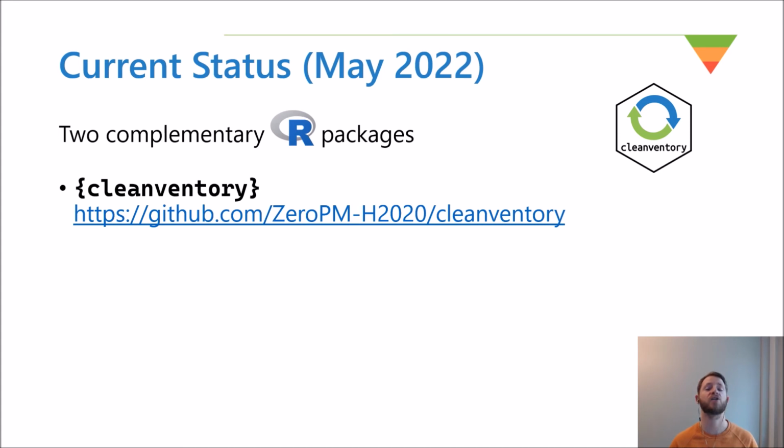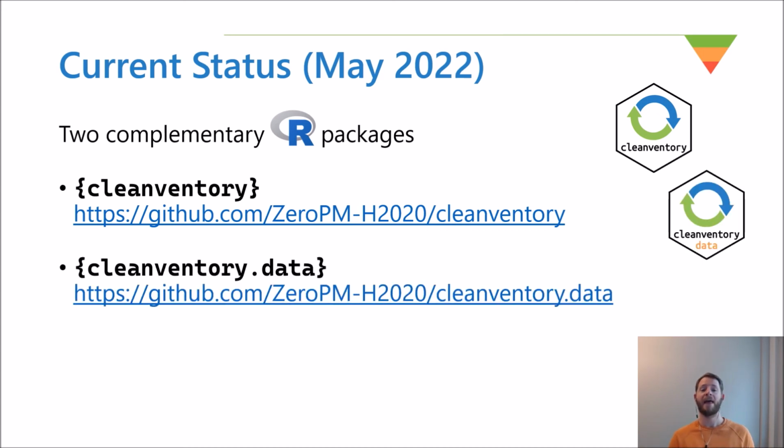It contains all the functionality to clean the raw data of the 7 inventories that I just mentioned and turn it into very nicely formatted tables. If you're just interested in the final cleaned data, we also have that as an R package. It's called CleanVentory Data, also available from the ZeroPM GitHub repository.